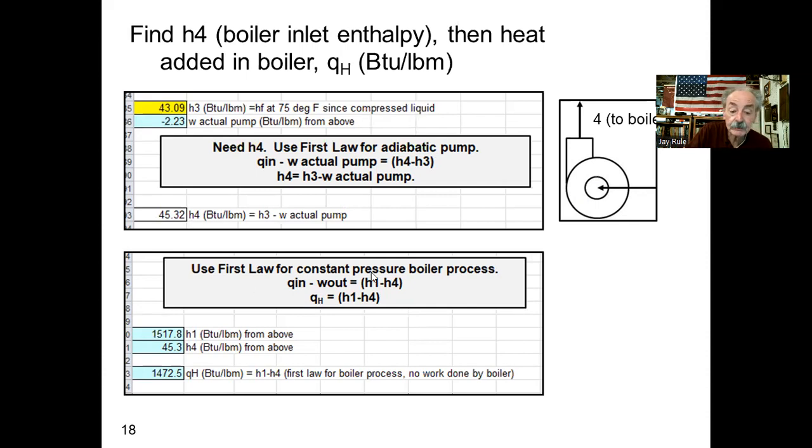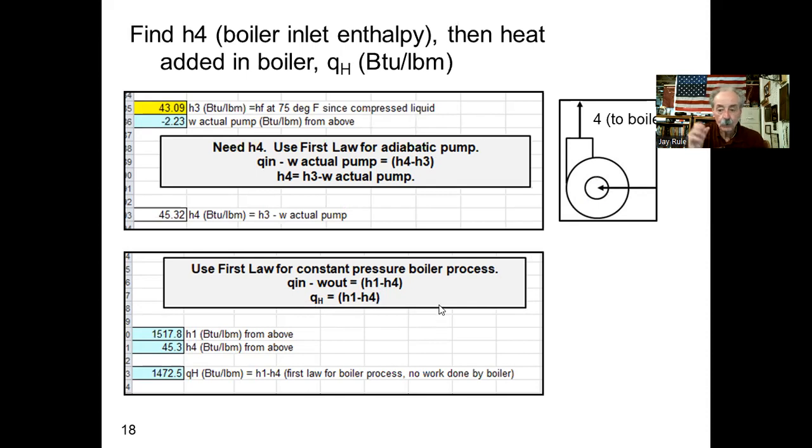We're going to write down the first law for the constant pressure boiler process. Well, Q in minus W out. The boiler is not lifting a weight. There's no shaft coming out of the boiler. W out is 0 for the boiler. So Q in minus W out for the boiler equals H out, H1, minus H in, H4. QH is H1 minus H4.